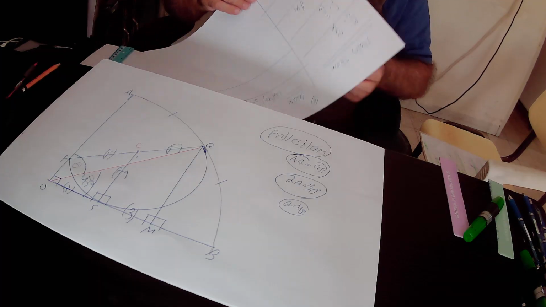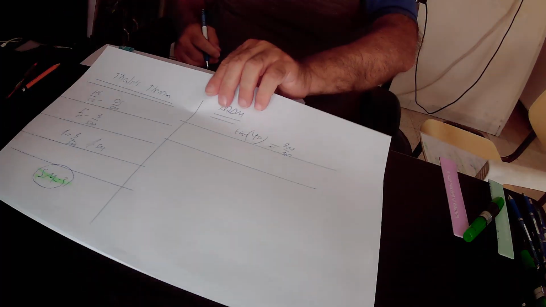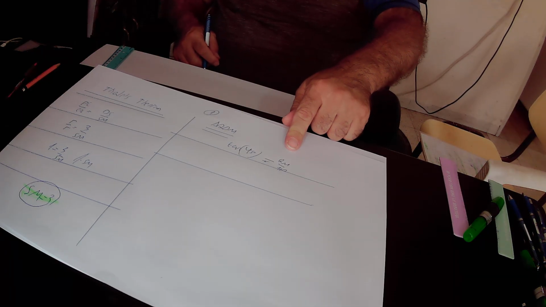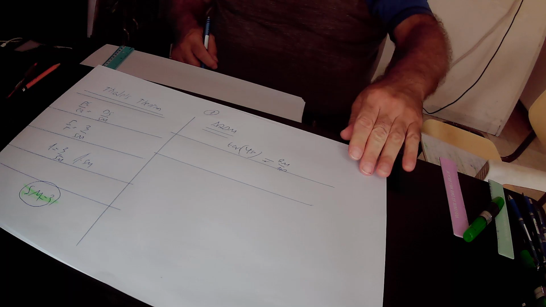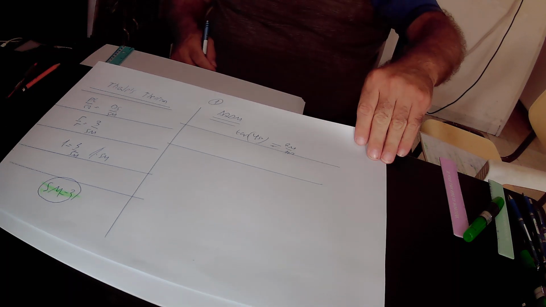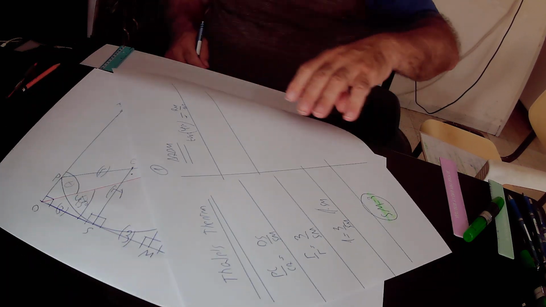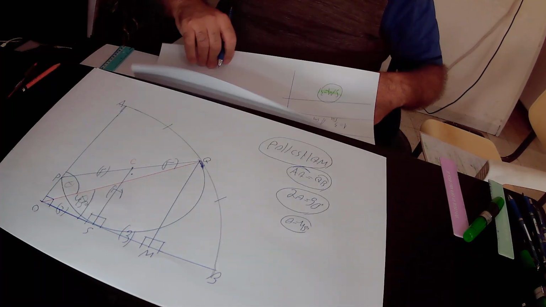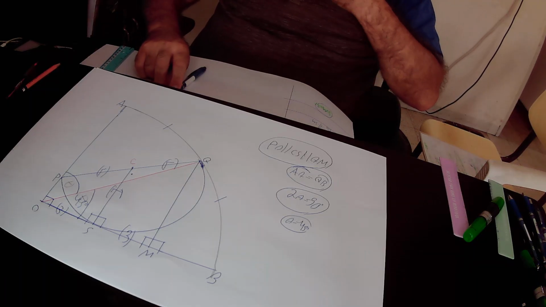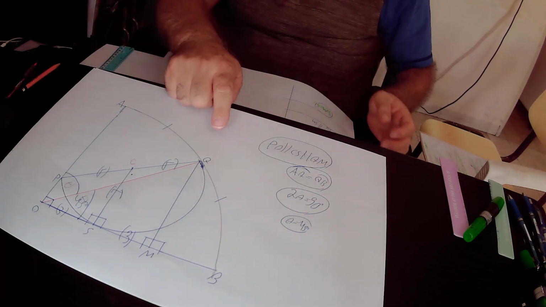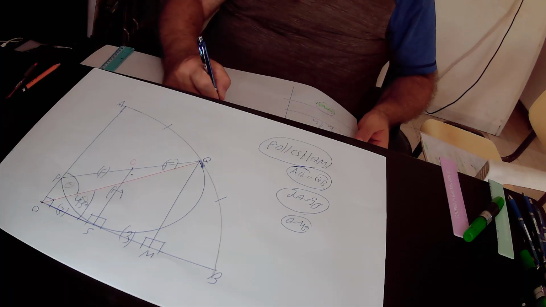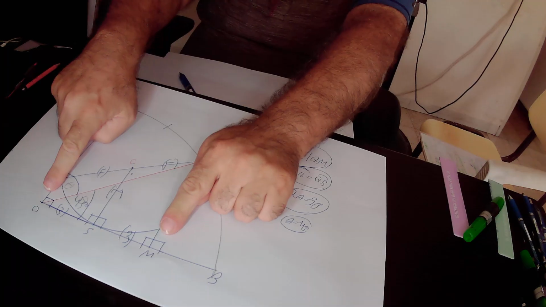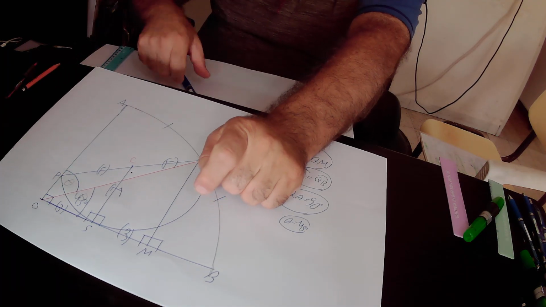Repeat again: in the right triangle QOM, tangent of 45 degrees equals QM over MO. Tangent of 45 degrees is 1. So 1 equals QM. QM is the missing side, so leave it as it is. Over MO. MO in total equals 3 plus 3, that is 6.